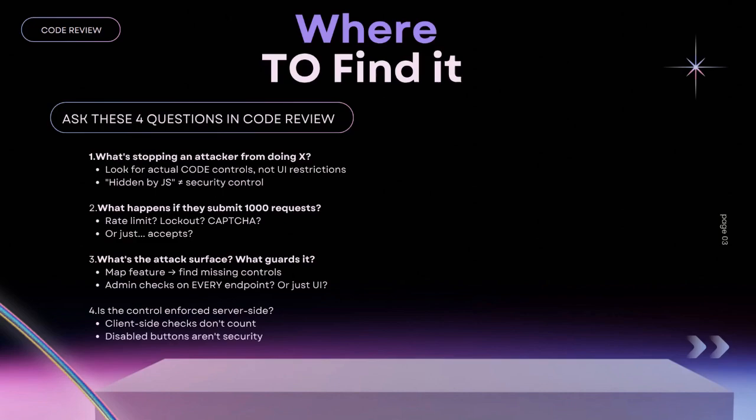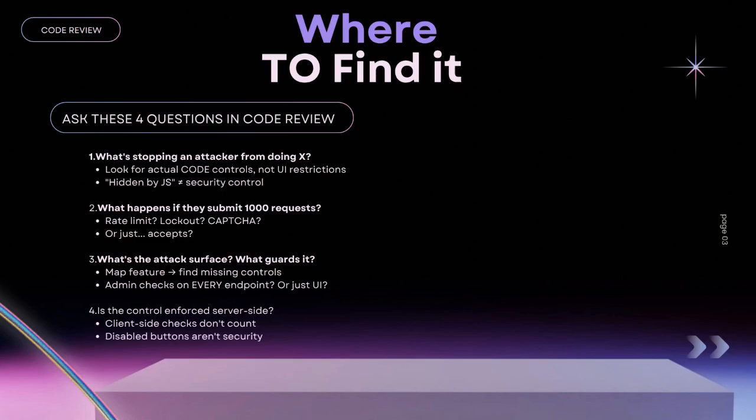Third, what is the attack surface and what controls cover it? This is a big one. When you look at a feature, map out what an attacker could do, then look at the code and see if there is a security control that stops this. For example, a file upload feature. Is there a file type check? A file size limit?